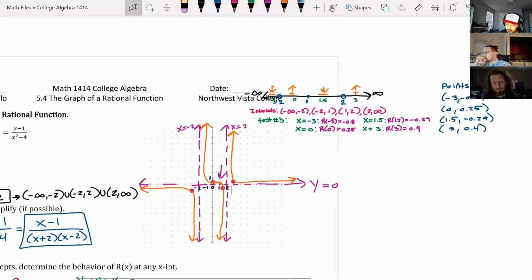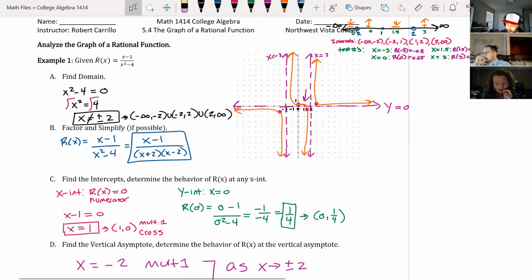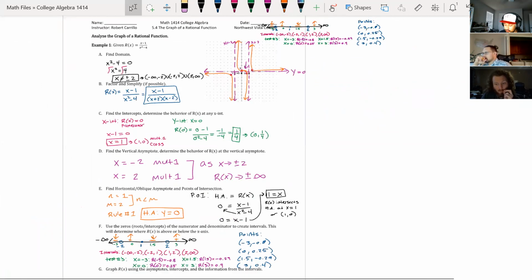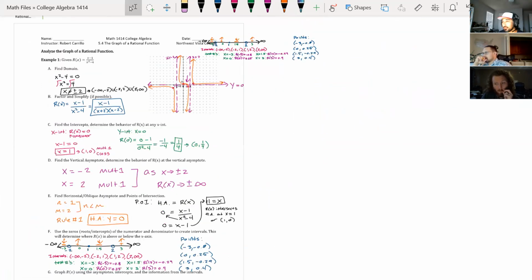And there it is, guys. That's how you graph a rational function. Any questions on that process? It's a lot of work. Yeah, sure, right? But it's everything we've learned so far.